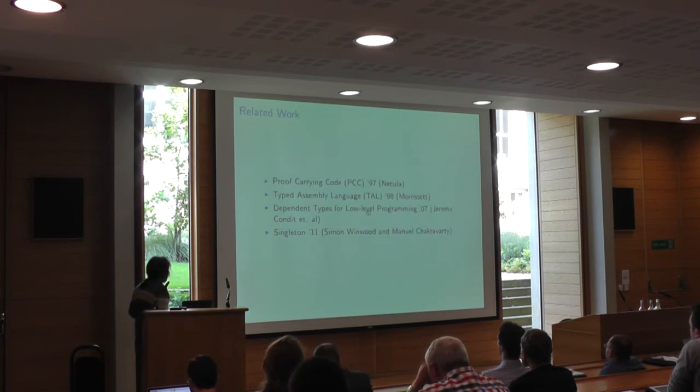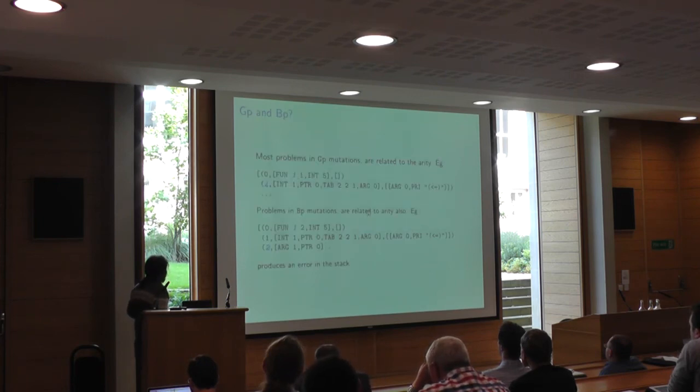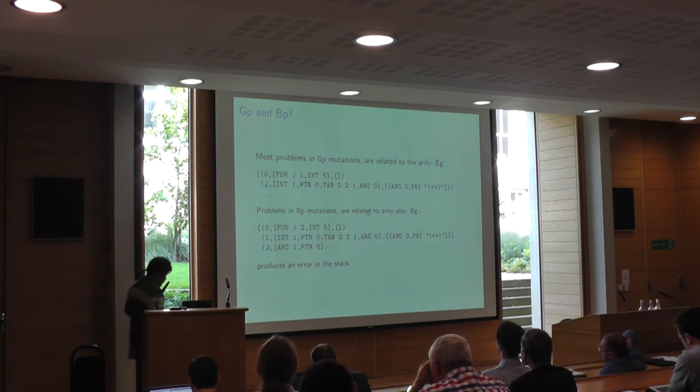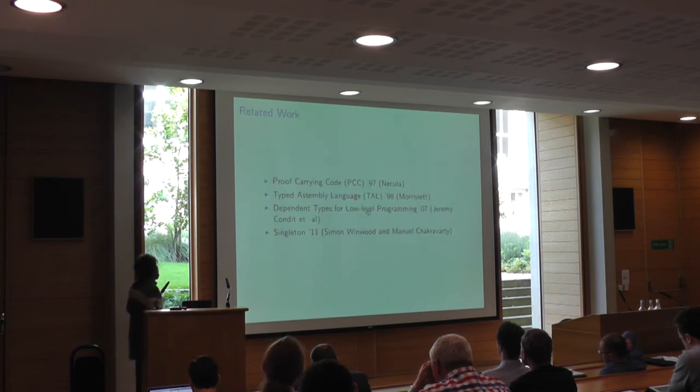One way to deal with that is probably to add some kind of added information. I mean that information can be passed from the high level specification to the low level. Some related work is the proof carrying code by Necula, typed assembly language.